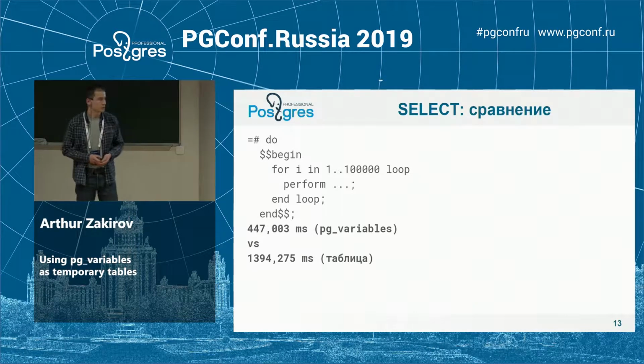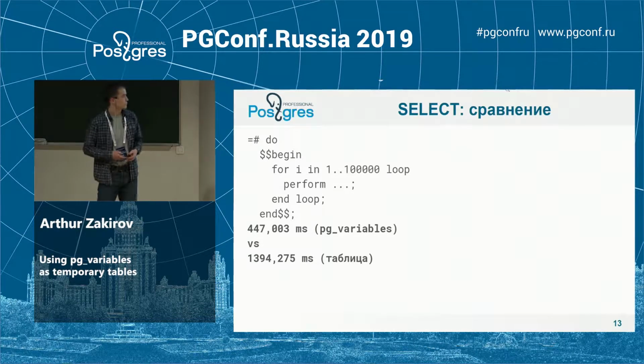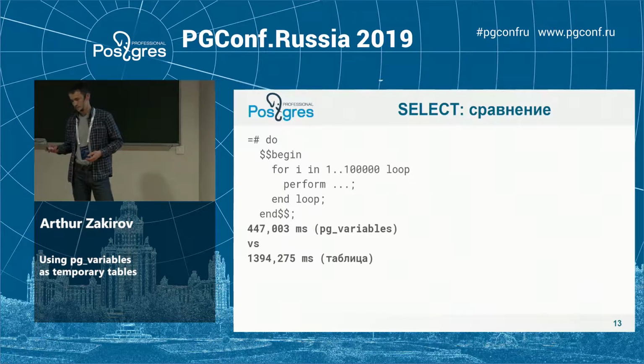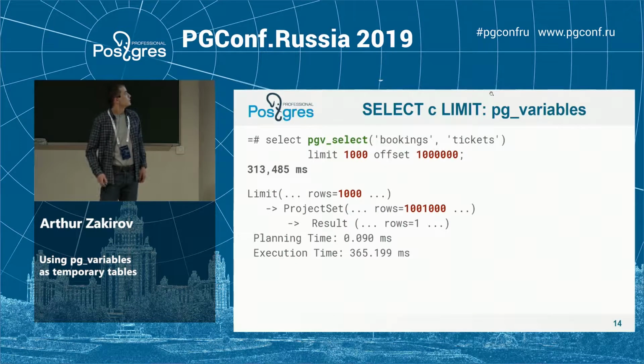If you take one query, there is no difference, but if you take many queries, the difference at this simple query is threefold. If we made one and the same query 100,000 times, we arrive at the amount of time.